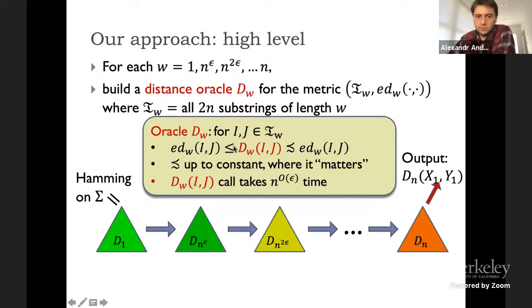In particular, it is always lower bounded by edit distance, and then it is upper bounded by this squiggly inequality. This squiggly inequality means that, first of all, it is up to a constant factor, and second, it will not always hold, not for any pair ij, but it will hold for pairs ij where it matters. Where it matters at the end of the day for computing edit distance.